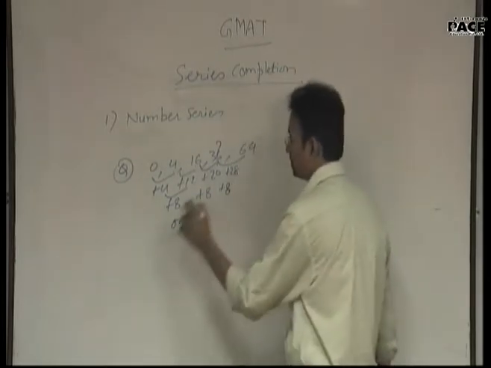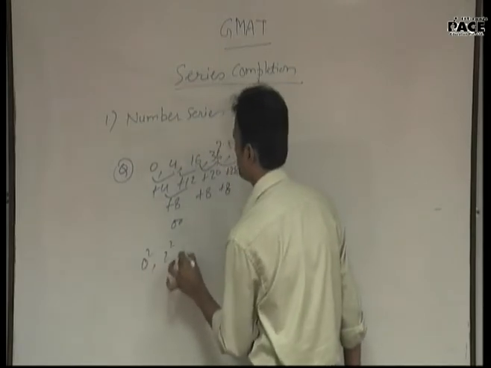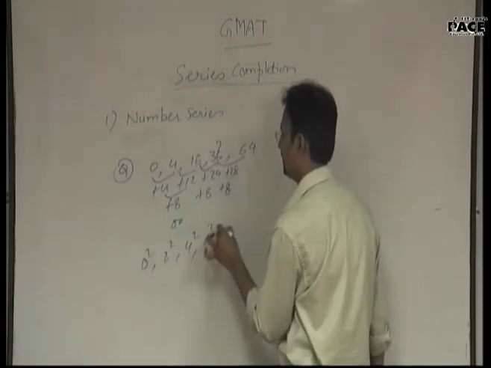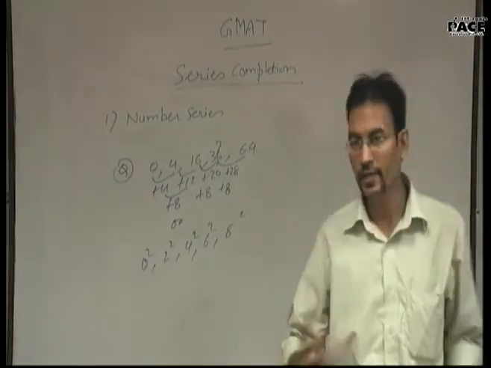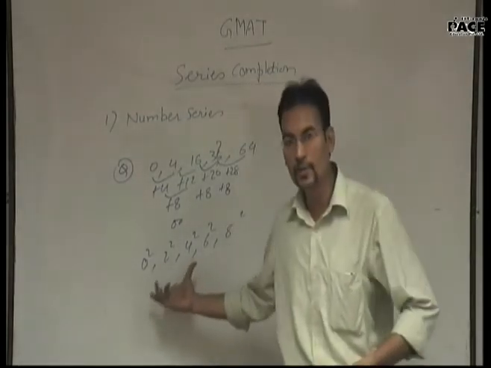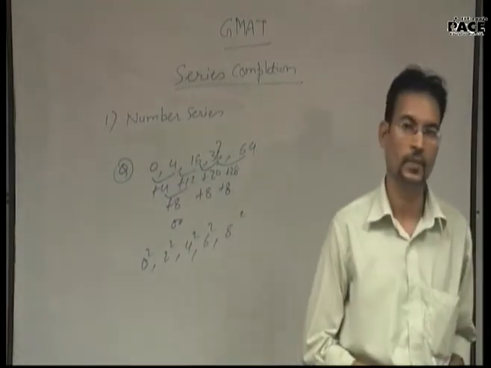Or solving it as 0 square, 2 square, 4 square, 6 square, 8 square is the easiest method, if you can find it directly. If you are not able to find it, you can go for the difference method.